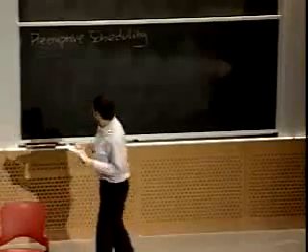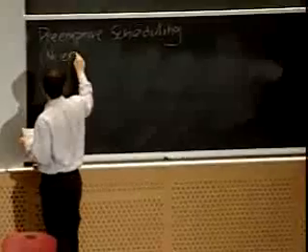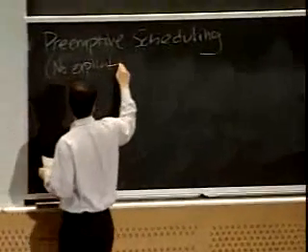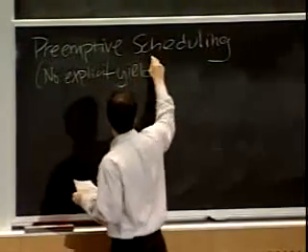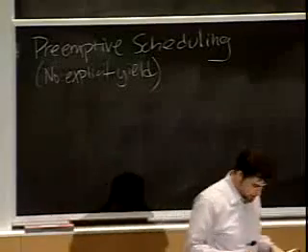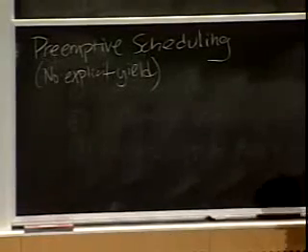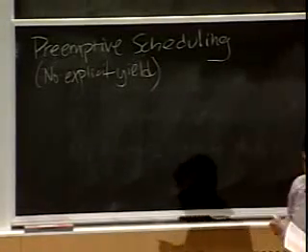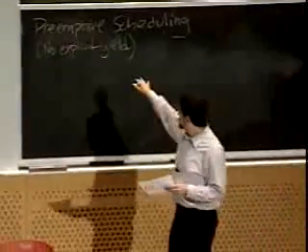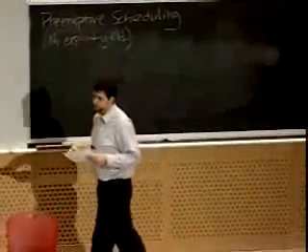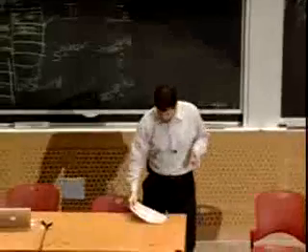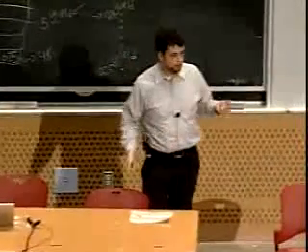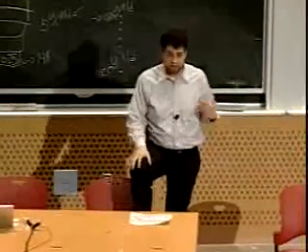Okay, so this is the case where we have no explicit yield statements. All right, so the idea here turns out to be very simple. Programs aren't going to have an explicit yield statement in them, but we're going to have a special timer that runs periodically within, for example, the kernel.